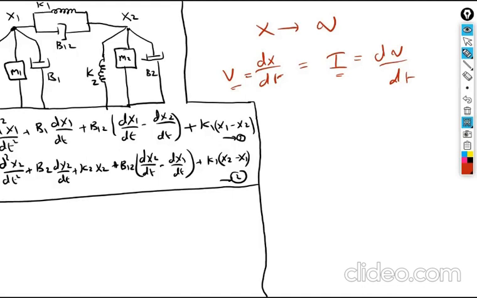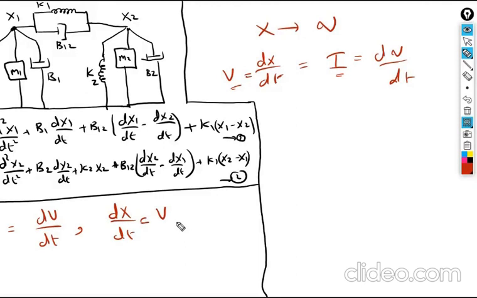So before writing the next equations, I can write d square x by dt square is equal to dv by dt, velocity. And next I can write one more equation: dx by dt is equal to velocity v.